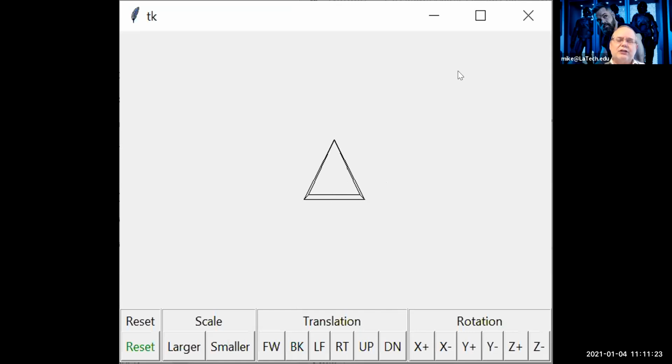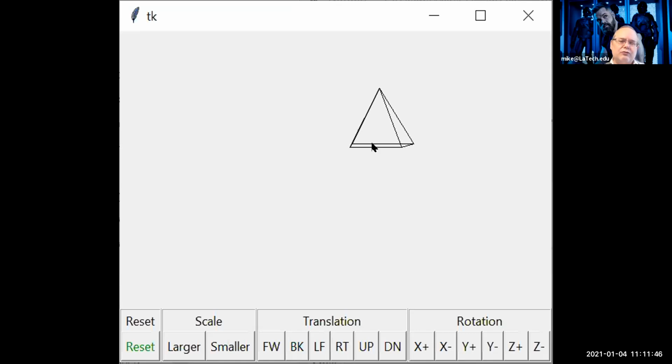But what we want to do is we want to have the pyramid rotate about itself no matter where it is on the screen. So it doesn't matter if it's here or if it's over here in the corner. No matter where it is, when I rotate it, I want it to rotate in place.